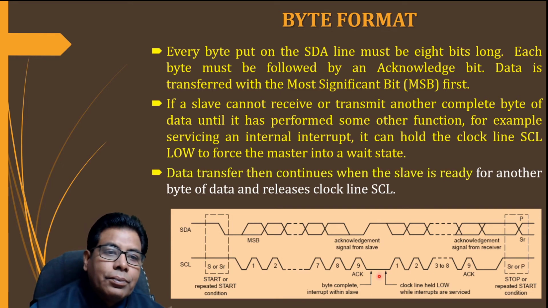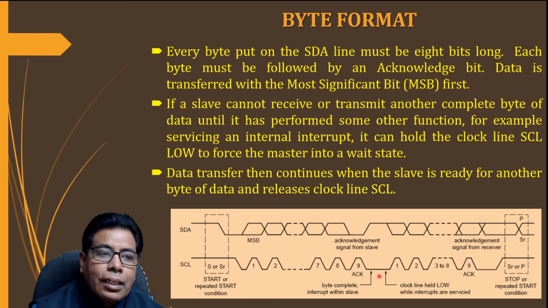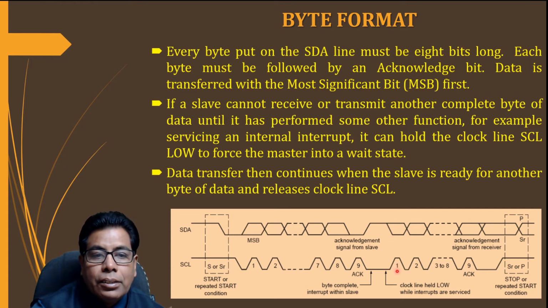Then the data transfer continues when the slave is ready for another byte of data and releases the clock line SCL. So here you can see the clock line is released, and as soon as it goes high, again the data transfer can take place. So 1 up to 8 it will go, and then again it will have the ninth pulse as the acknowledgement.